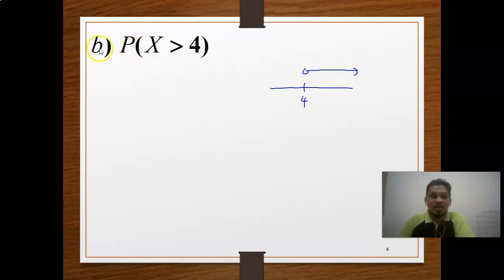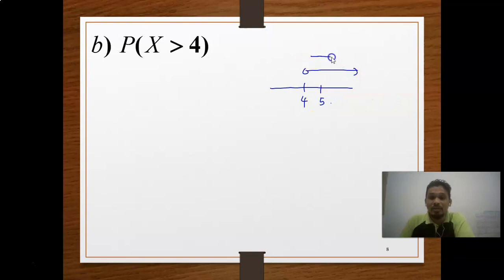For question A just now, we tried to find the probability for x greater than or equal to 4. For this question B, it goes in the same direction to the right, but the difference is this time it does not include 4, meaning the round figure that comes after 4 begins with 5.